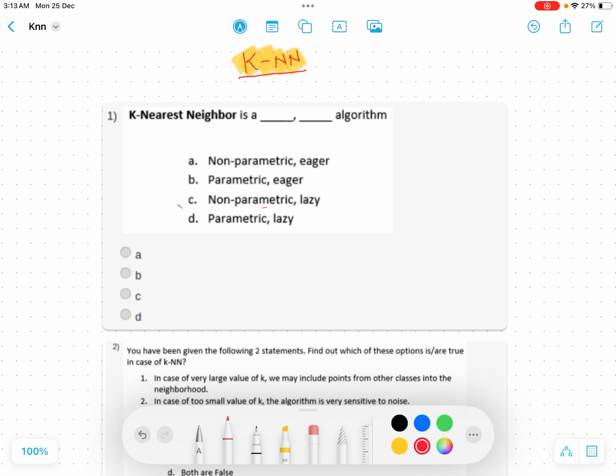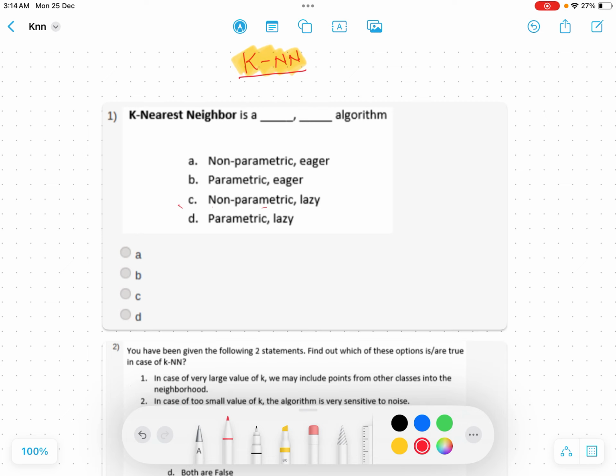and apart from this, I have already solved a few questions from SVM, a few from Naive Bayes, a few from linear regression, and a few from the trade-off between bias and variance.